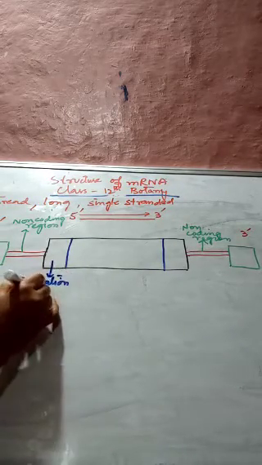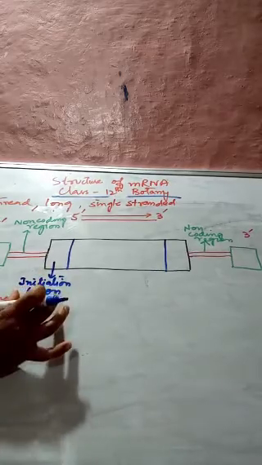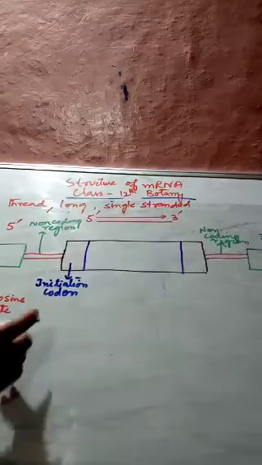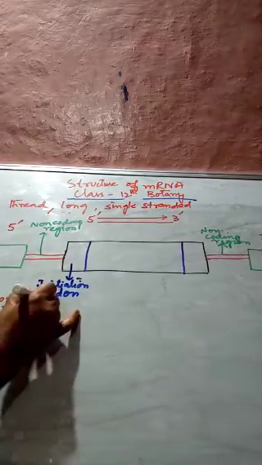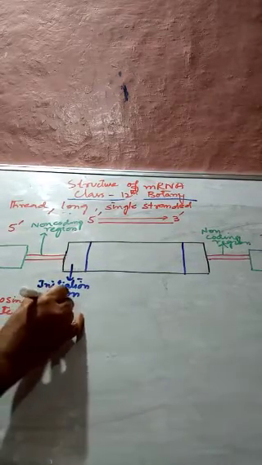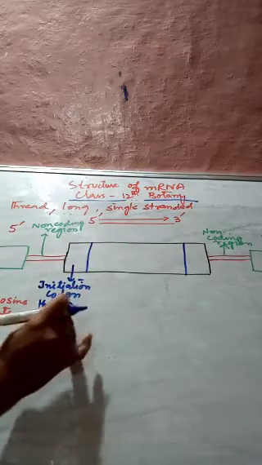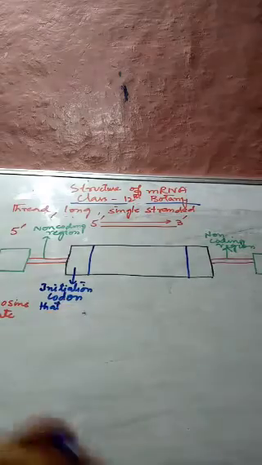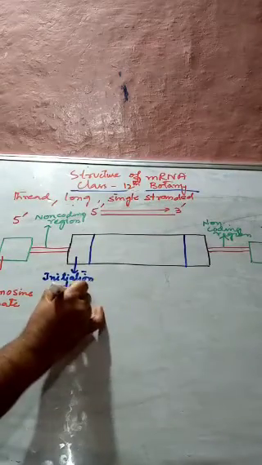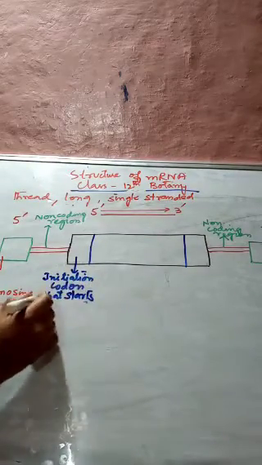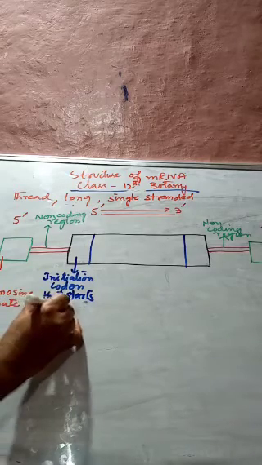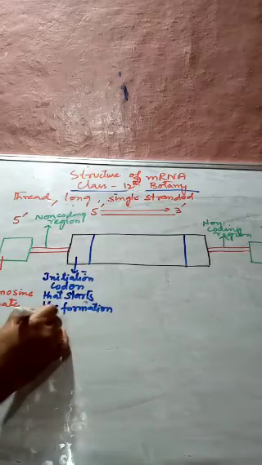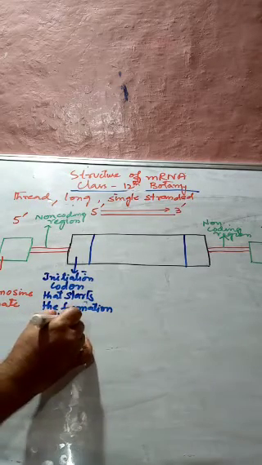Here the process of initiating the code takes place, and the initiation codon starts the formation of the protein chain.